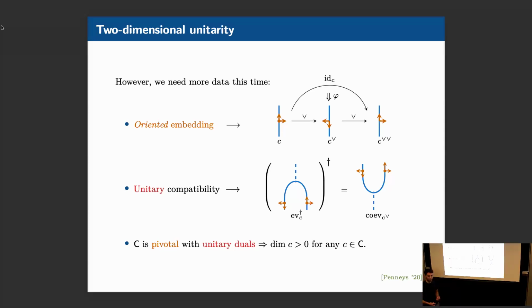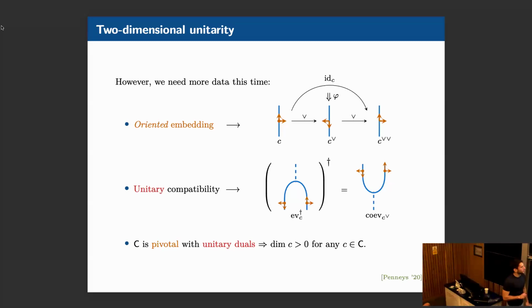And the orientations might allow you to do more deformations. So we need more data. And the kind of data that we need to add to our category takes into account the fact that the tangent bundle over your lines, you can do a full rotation of it, and you want to go back to the sections you had. And this means that you're going to require a pivotal structure on your fusion category.